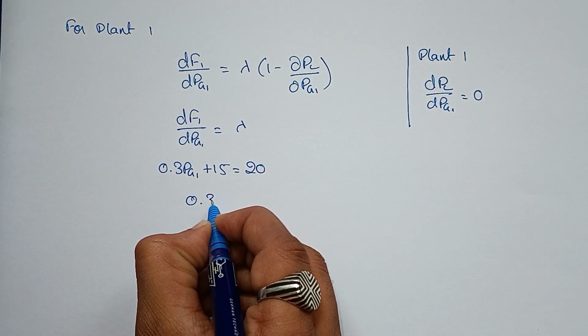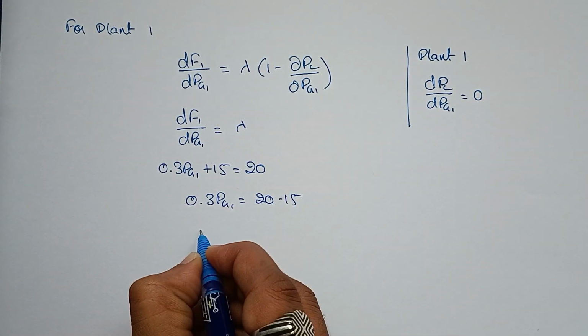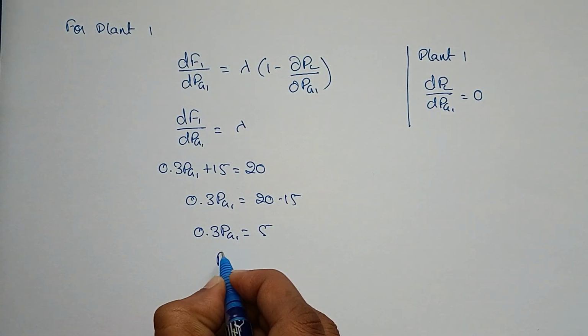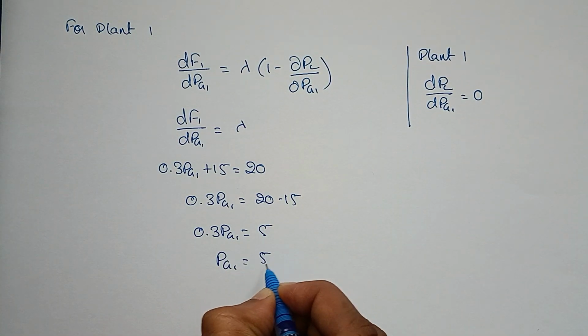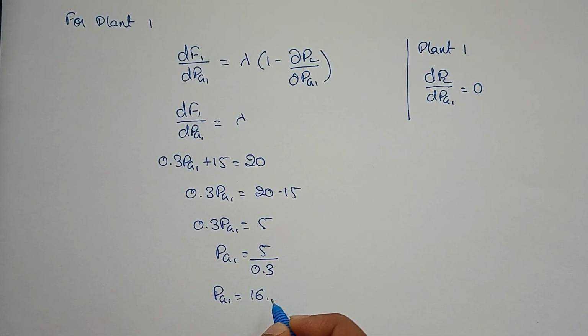Now 0.3 Pg1 is equal to 20 minus 15, so 0.3 Pg1 is equal to 5, and Pg1 is equal to 5 divided by 0.3. That's what Pg1 is equal to, 16.66 megawatt.